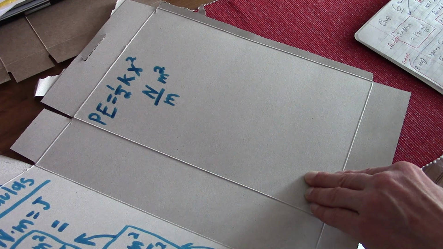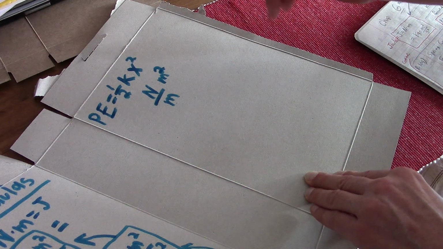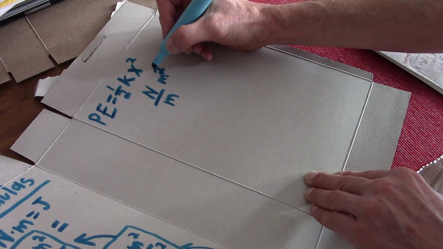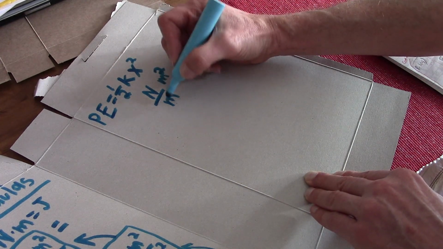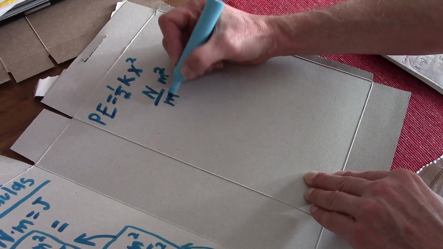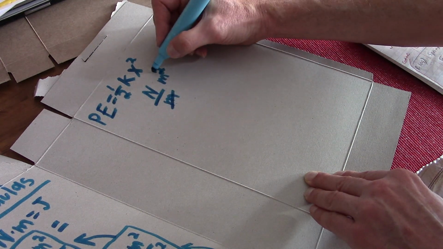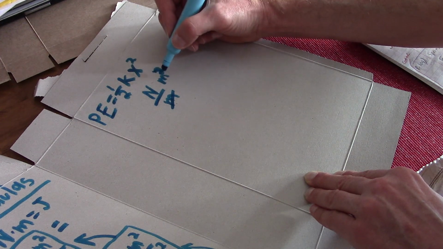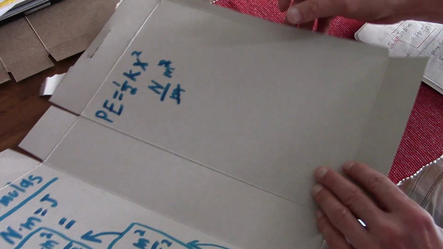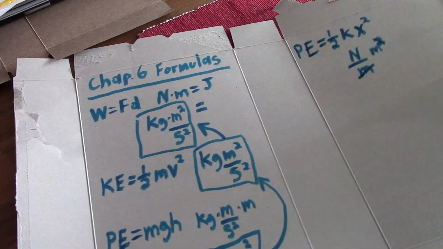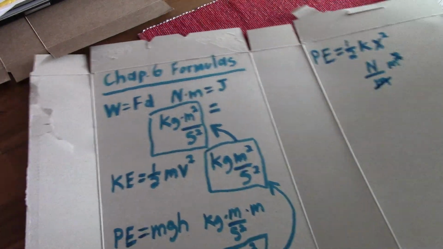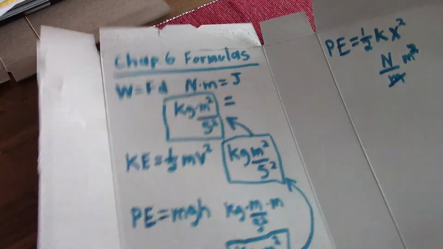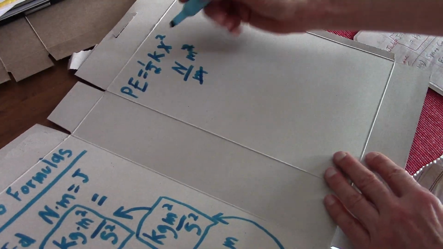So now we have, so this meter here will cancel with the square, and you end up with Newton meters, and a Newton meter is equal to a joule. We determined that way in the beginning. And you're back where you did it again. So it's the same.